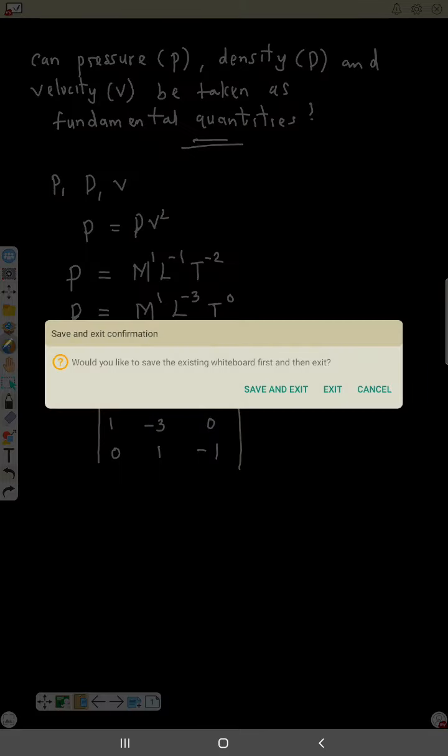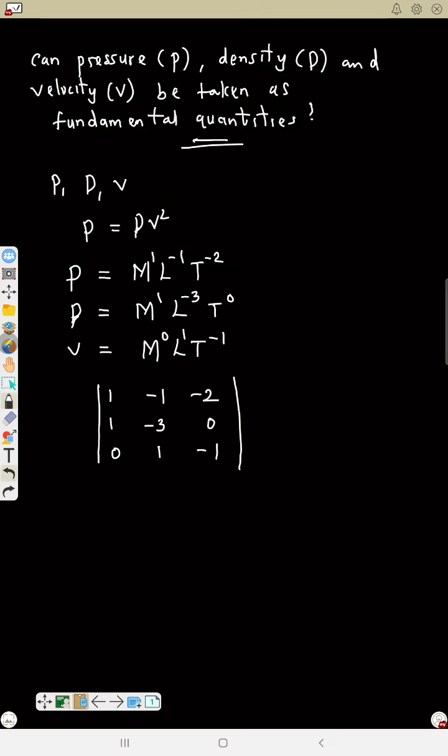So if you check the definition I gave you on determinants, I found the determinant of a 3 by 3 matrix. So I did it this way: 1 minus 1 minus 2, 1 minus 3 0, 0 1 minus 1. Do as if you write it again, but write the first one. Check my video on determinants so you will understand this part better.